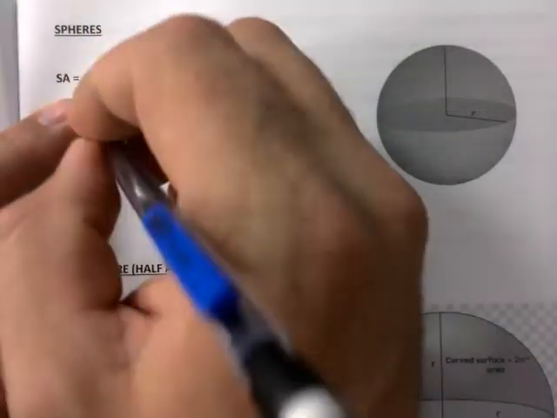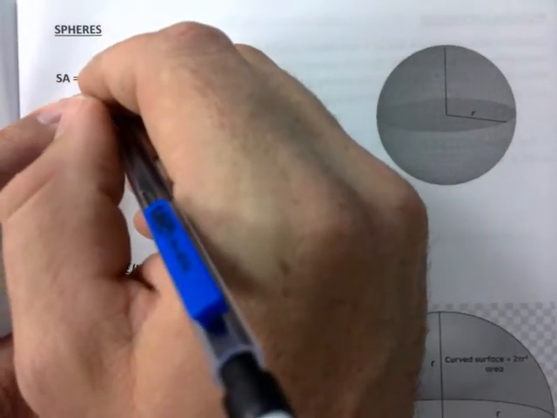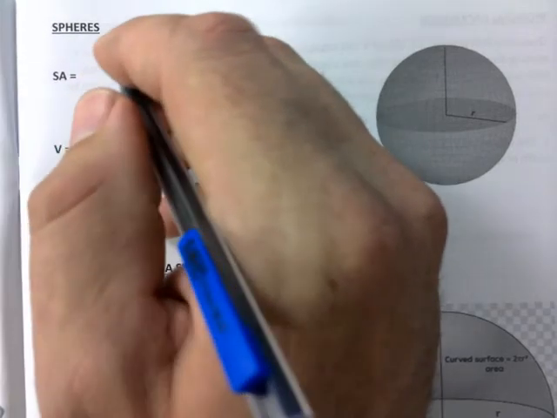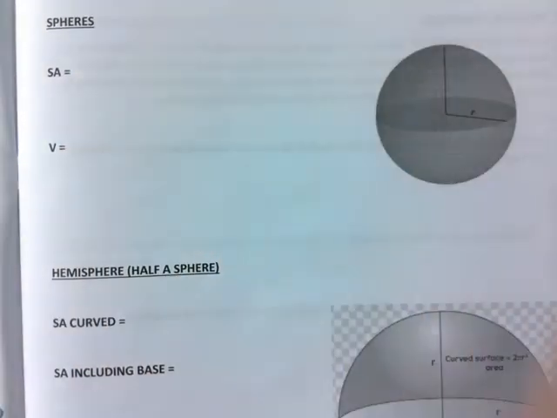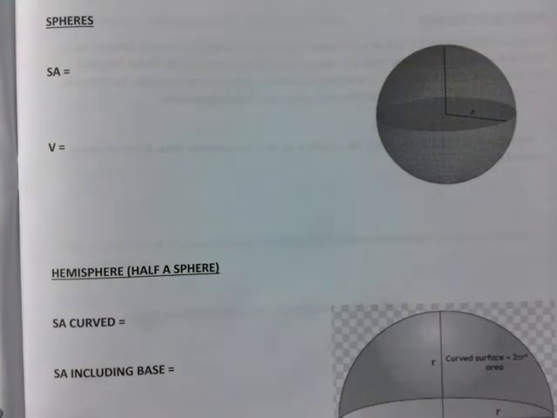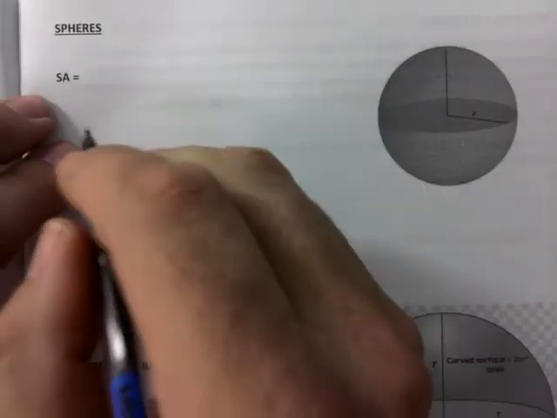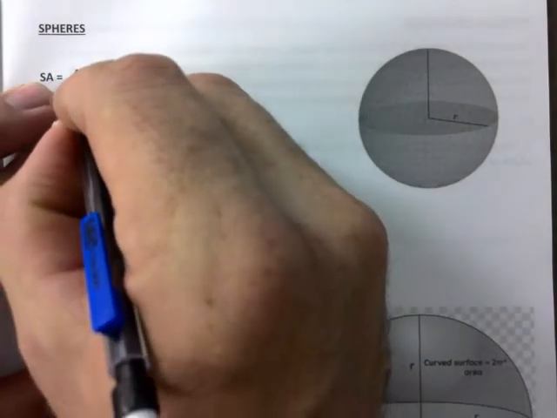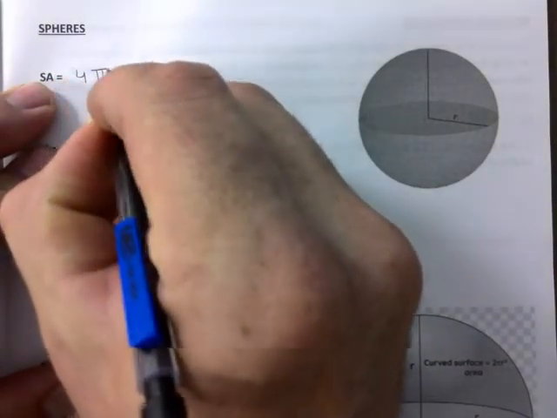So the surface area, anybody know the surface area of a sphere? Pi r squared, close. There's something that goes before the pi r squared. Anybody? No? That's okay. 4 pi r squared.